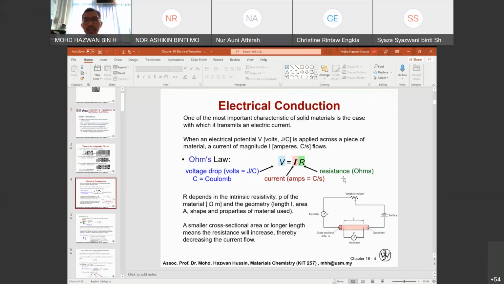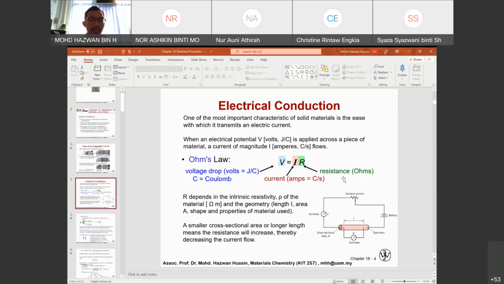Okay, so for electrical conduction, I believe we have gone through this definition that one of the most important characteristics is of course that it can transmit an electrical current.